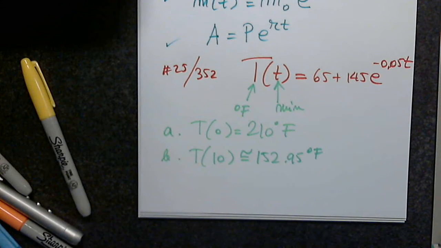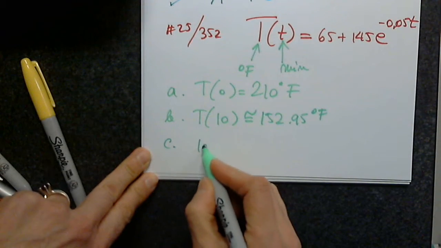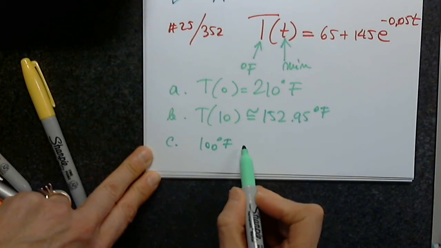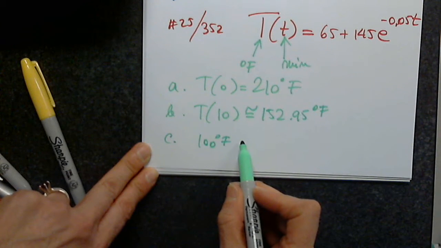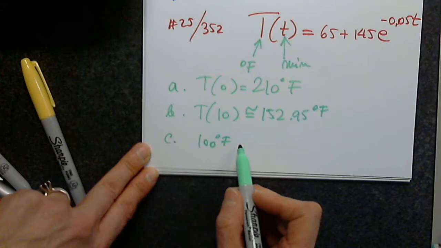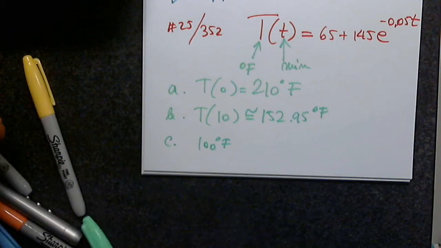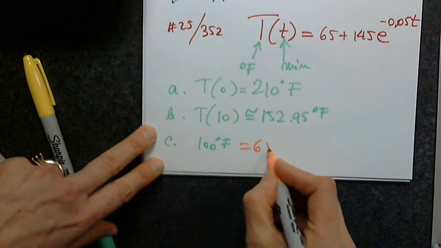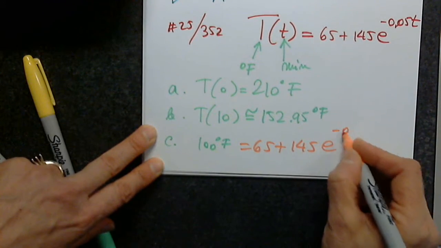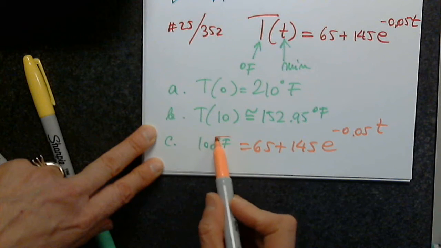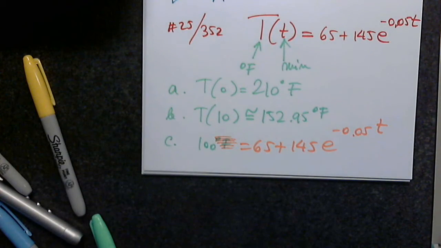Okay. After how long will the temperature be 100 degrees Fahrenheit? 100 degrees. What do I have to do? 100 equals 65 plus 145 e to negative 0.05 t. Of course, I'm going to remove these from the equation. So I want to apply log to both sides. Of course not, it's not cleaned up yet. And 65, exactly, and then I have to get rid of this.